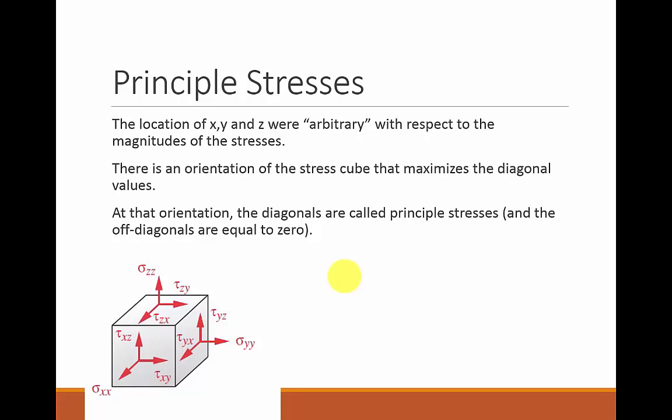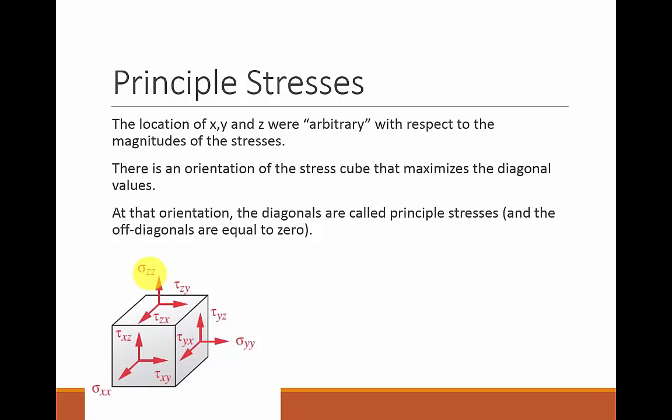In other words, there was nothing having to do with the loading condition that determined my coordinate system. And so it might be convenient for me to restructure my coordinate systems to a way that matches the loading condition. What I'm really trying to do is get those diagonal values, the normal values, to be as high as possible.